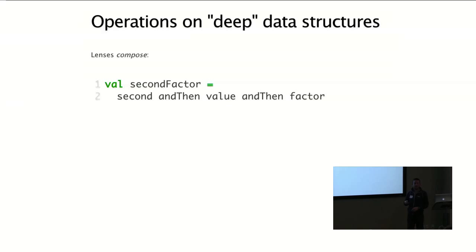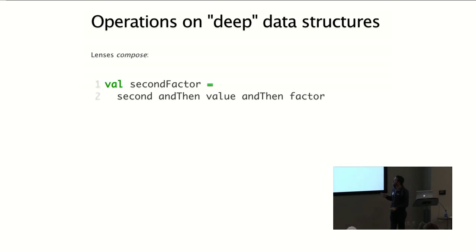You can combine them together, the magical compose word. So now I have a lens that first goes to the second child in the tree, then you have a node, and then it goes into the value part of that node, and then it goes into the factor field of that node. And now I can point that deep way.